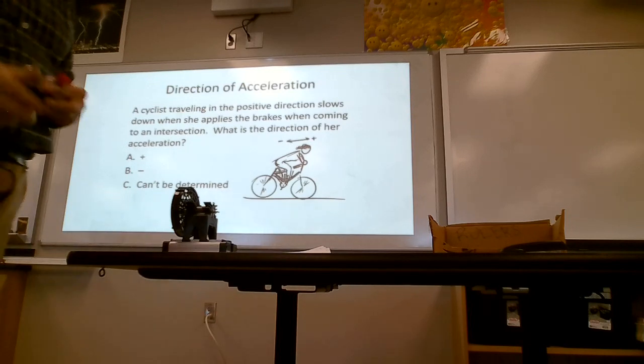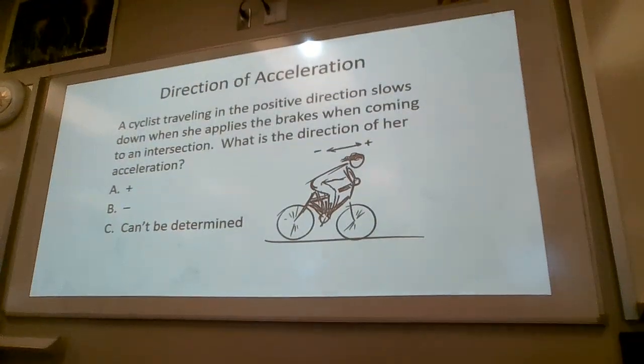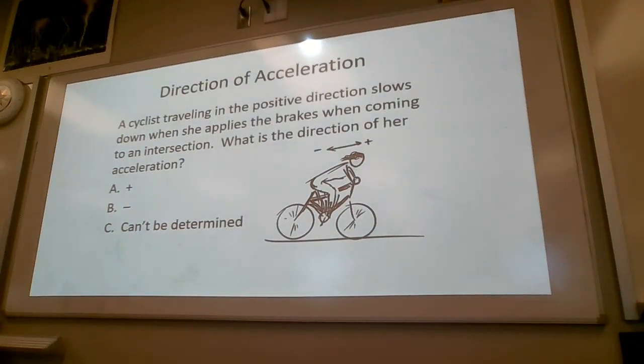Correct answer is B. You're moving in the positive direction, slowing down, therefore the sign of acceleration has to be what compared to the velocity? Has to be in the opposite direction of velocity, so negative. Okay? You're moving in the positive direction.